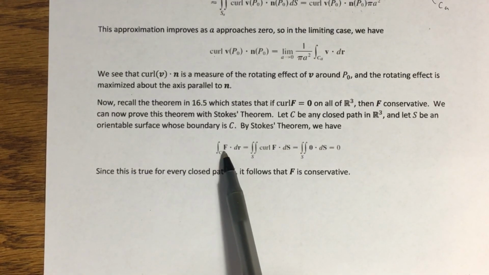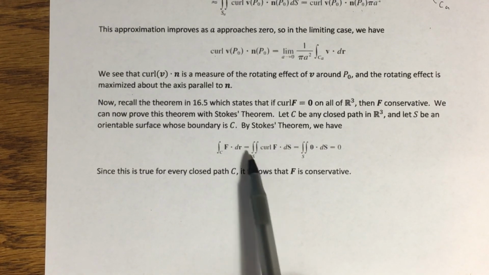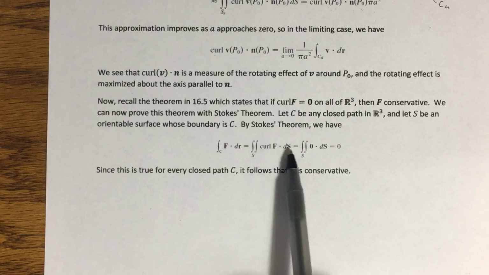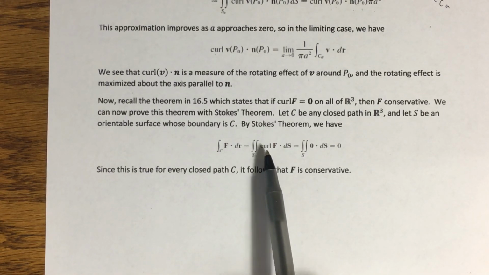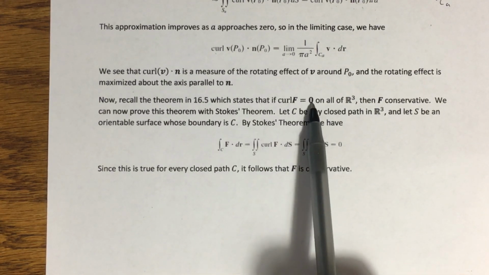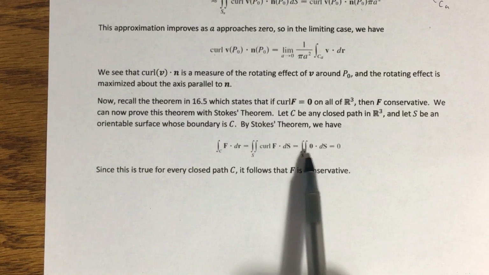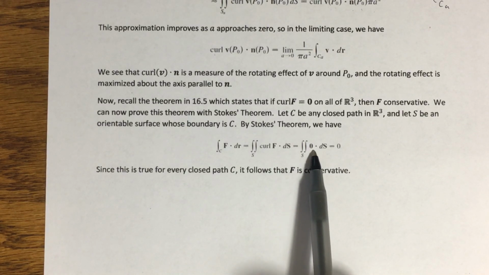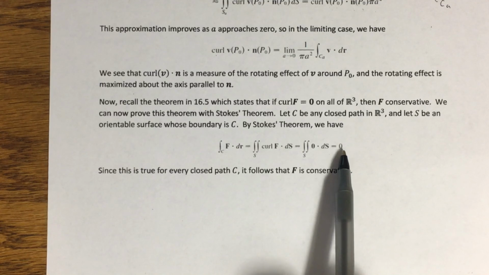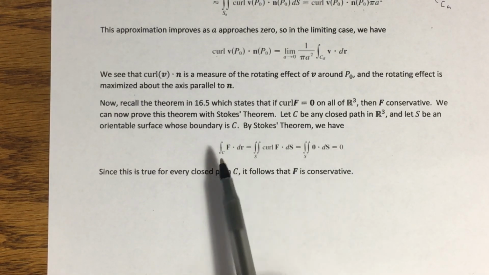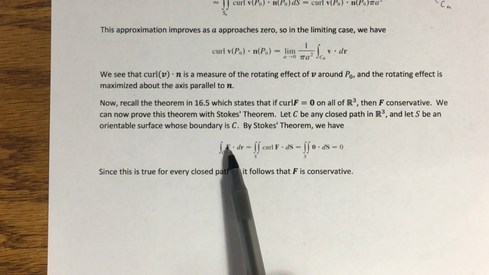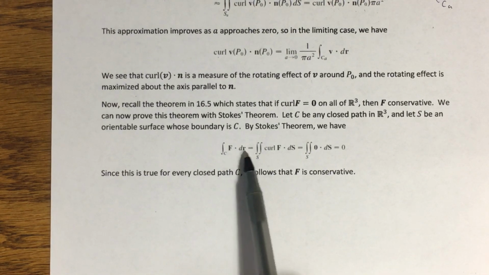the line integral along C of F dot dr would be equal to the surface integral of the curl of F dot dS, but the assumption that we're making is that this curl is equal to 0, right? So that would mean that my surface integral has an integrand of 0, and that would come out to 0. So what does this mean? Well, the line integral of any closed curve of F dot dr is equal to 0.